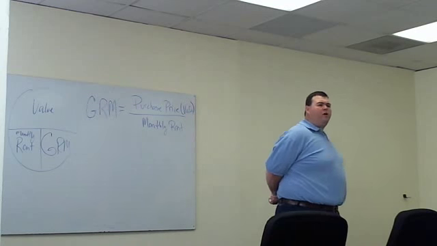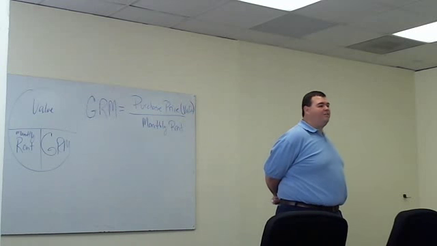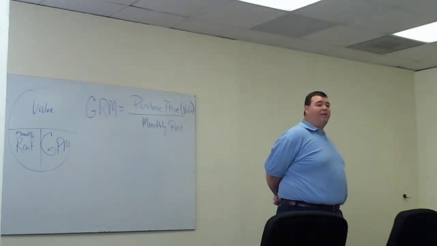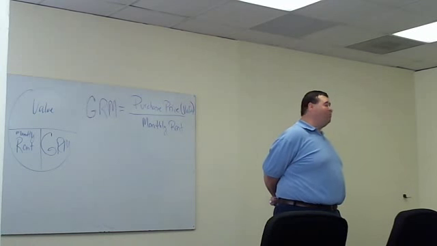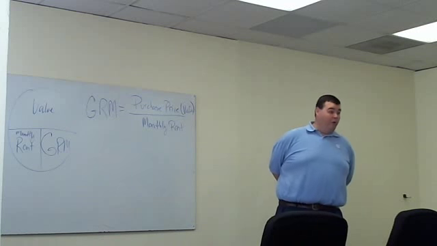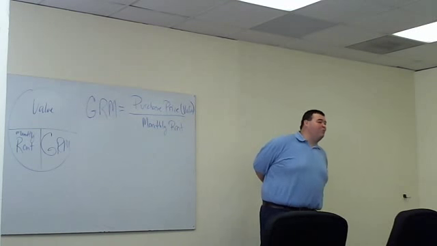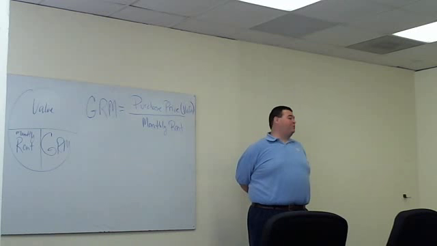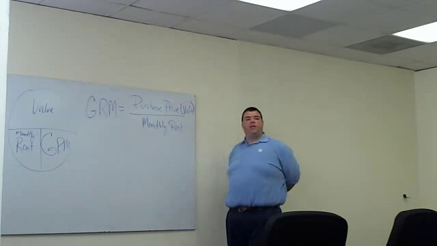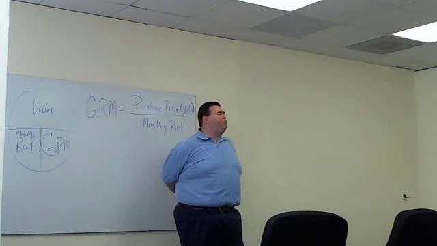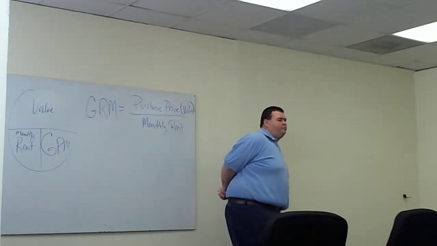Do you want the gross rent multiplier to be lower or higher? Lower, because we'd like to get our investment back faster, right? It's just the number of months it's going to take us to get our investment back. We'd like it to come back quicker. Whereas we want a cap rate to be higher, we want a gross rent multiplier to be lower.